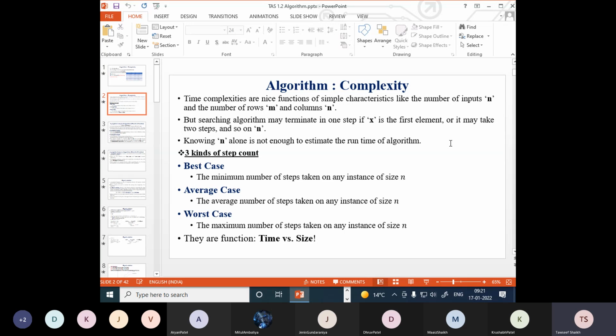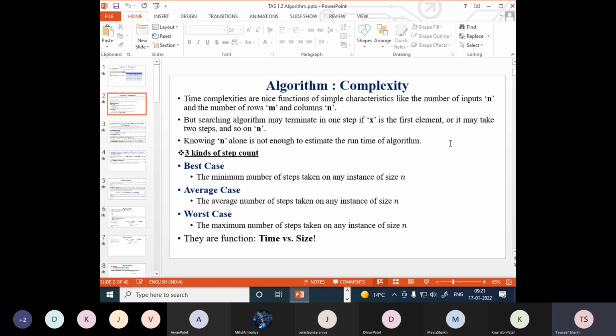It will take some time. But since the array is already sorted, you don't need any swapping. So at that time, the time complexity of the algorithm will be less in comparison to when an array is given in which all the elements have to be swapped one by one.